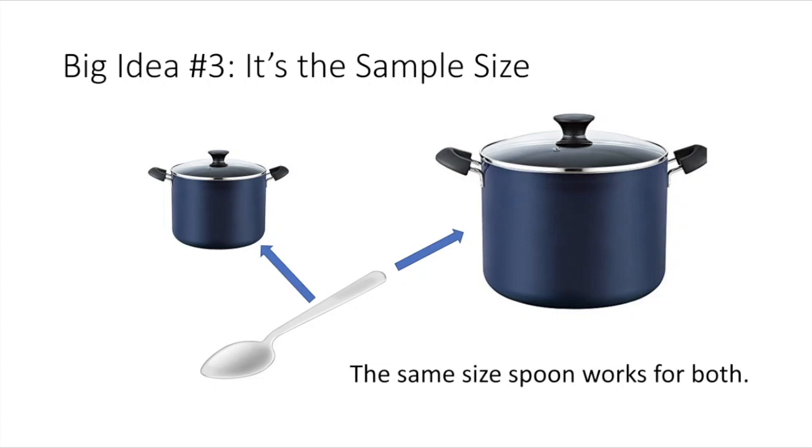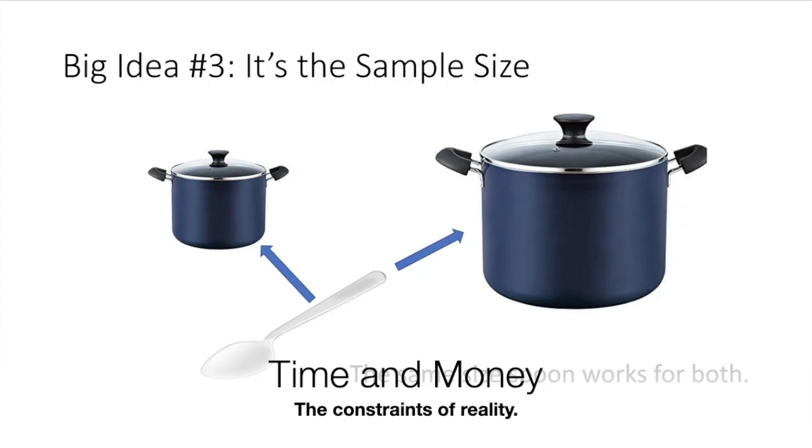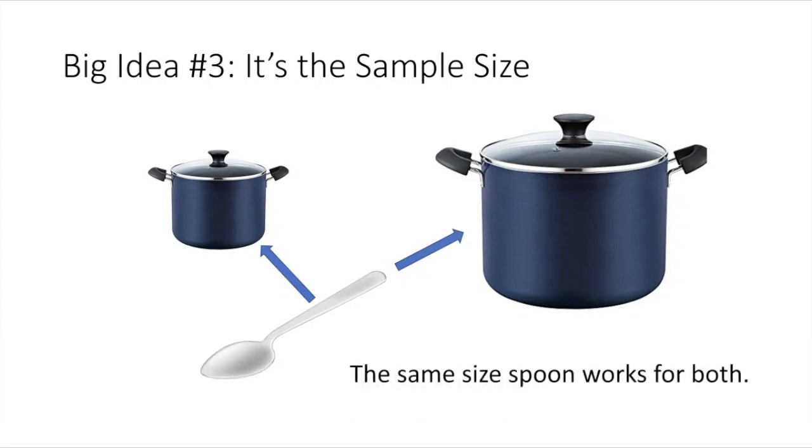So this is a fantastic idea, because what it means is whether we're looking at a city, a state, or a country, the sample size can be roughly the same for the same accuracy. So this means that in the world of time and money, we can save both time and money by having the same size sample for different sizes of population.